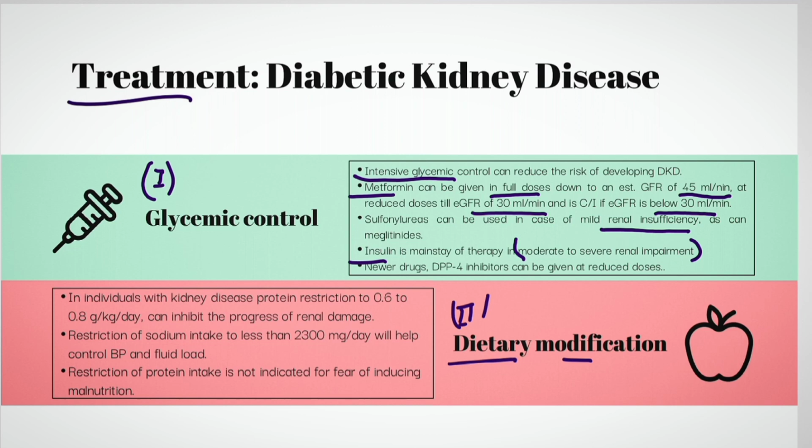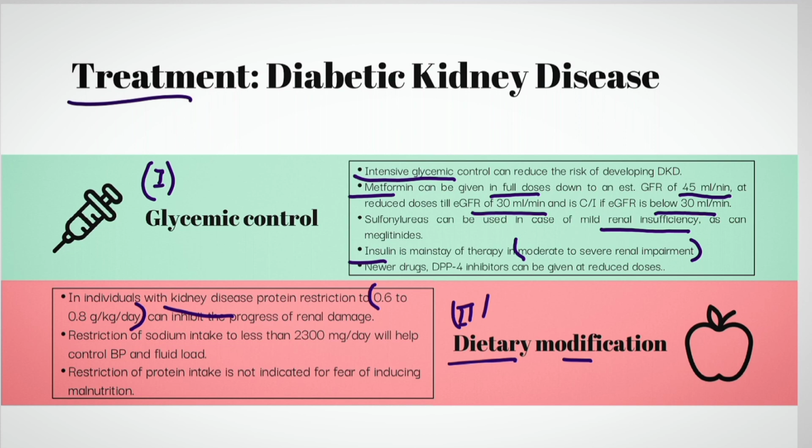Individuals who have kidney disease can restrict their protein diet to 0.6 to 0.8 gram per kg per day, which can inhibit the progression of this renal damage.